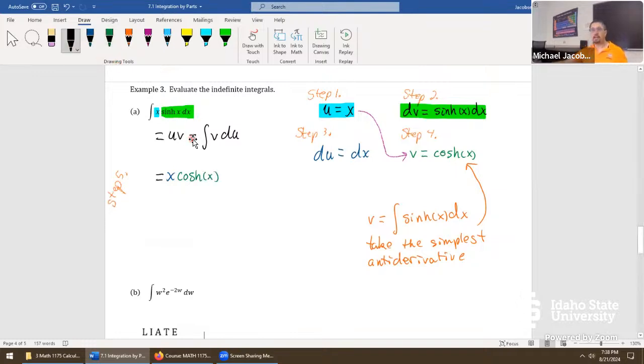Then at this stage, I'm just going to copy in the rest of the structure minus the integral, and then more substitutions. It says v du. When it's referring to v du, it's just saying multiply those two together and put it in the integral. So the v is cosh x, and the du happened to be just a dx in this problem.